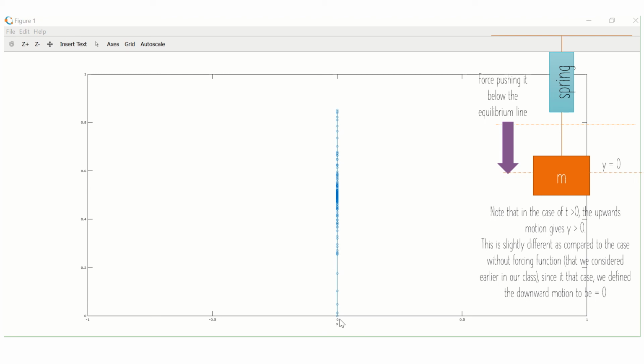Initially you start with 0 over here, and then it goes up and down. So therefore you have something that looks like this. I hope this is meaningful to you when you see it on the graph, and that is how you solve this harmonic motion with friction and the forcing function.